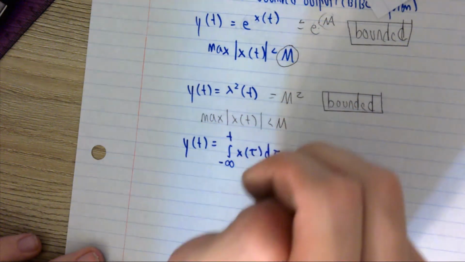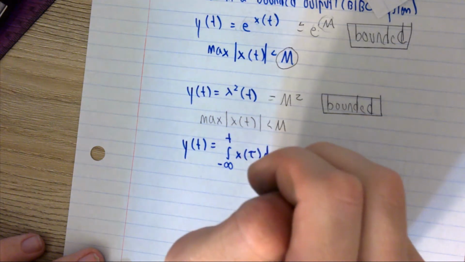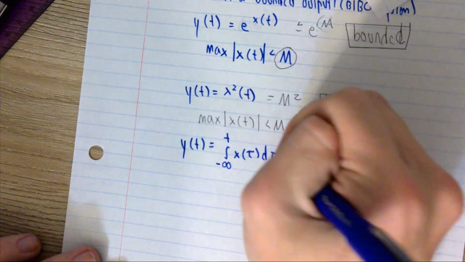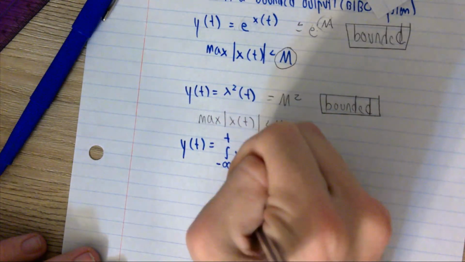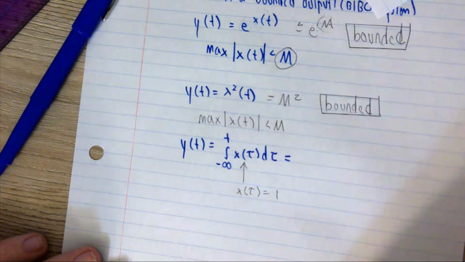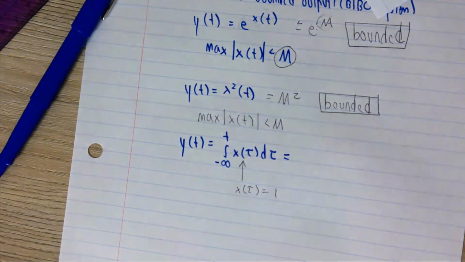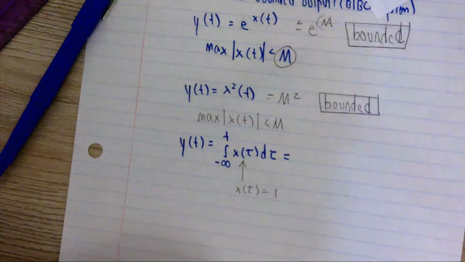Let's just substitute in something. Let's say x of tau is equal to 1, because that's a bounded signal, right? It's just 1. It doesn't go to infinity or negative infinity.